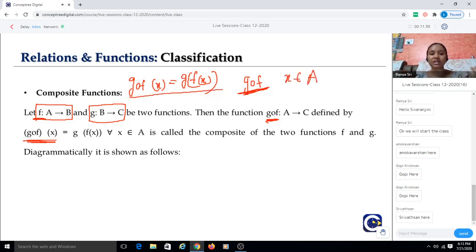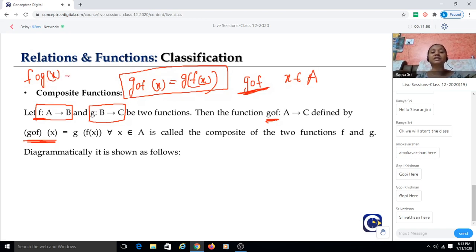So this particular GOF is nothing but called our composite function of these two functions f and g, right? So for example, if I am trying to write FOG of x, this is also a composite function of these two functions g and f, isn't it?